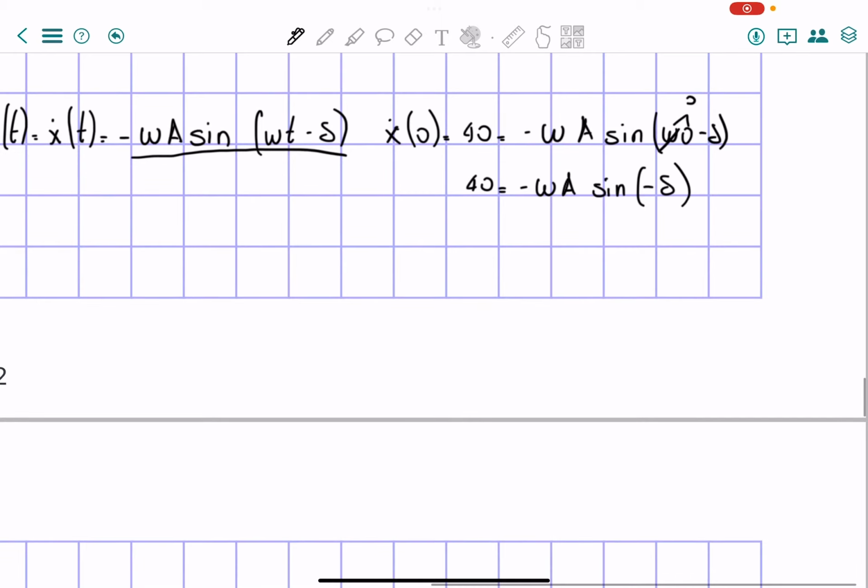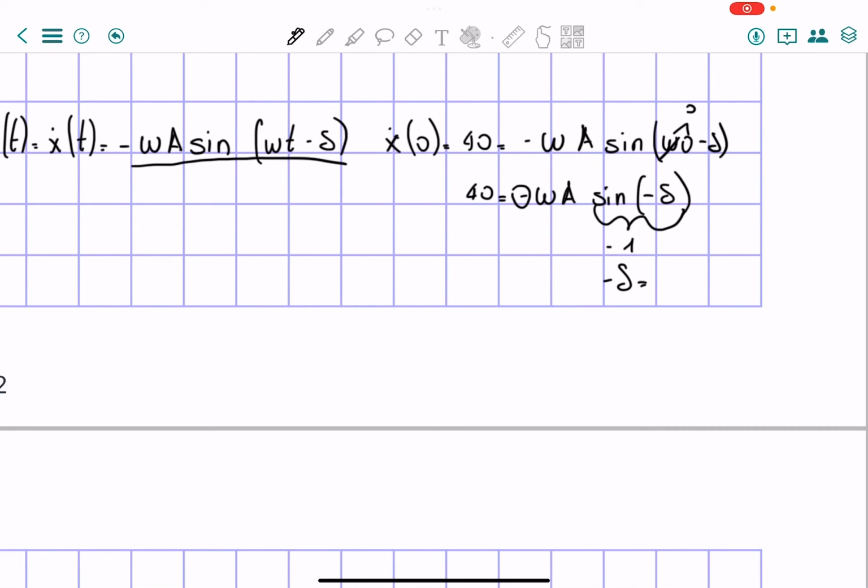Now, the sine of the angle will have to be equal to negative 1 to get rid of the negative that we have in front. So negative the angle is going to have to be what is equal to negative 1 for sine? It's going to be equal to negative pi over 2. So negative the angle is equal to negative pi over 2.